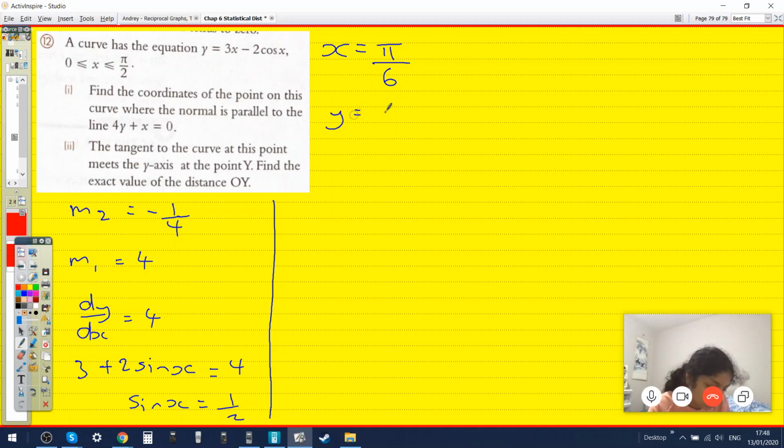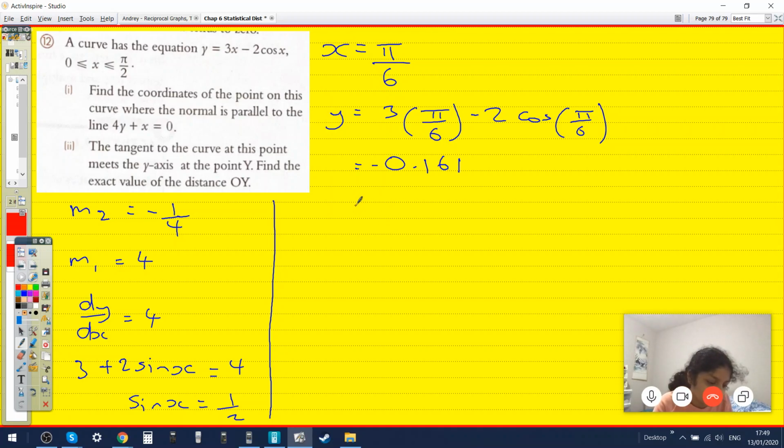And then you just substitute to find y. So 3 times pi over 6 minus, 0.161, apparently.